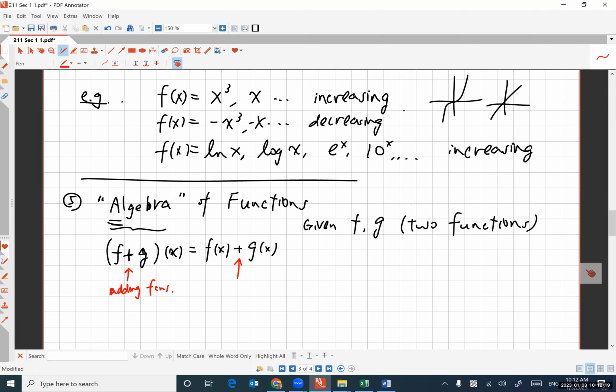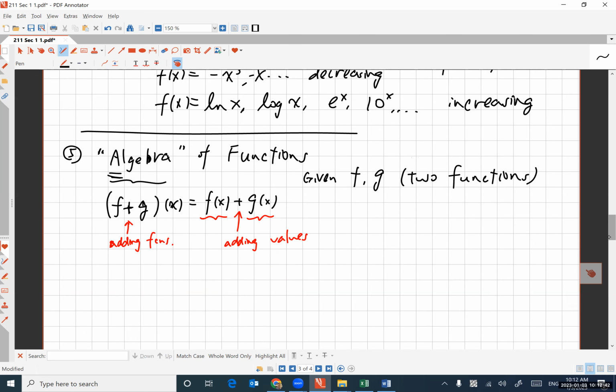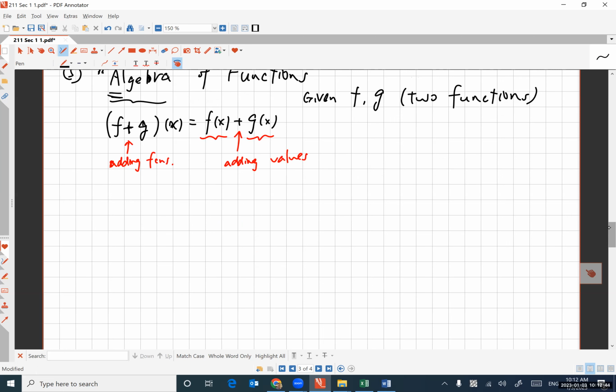But here, whatever f of x is, I assume it's a real number, so we are adding real numbers, adding values. Theoretically, these could be two different additions defined in two different sets. It's not a big deal right now, because we will be talking about real valued functions, so it doesn't really matter.